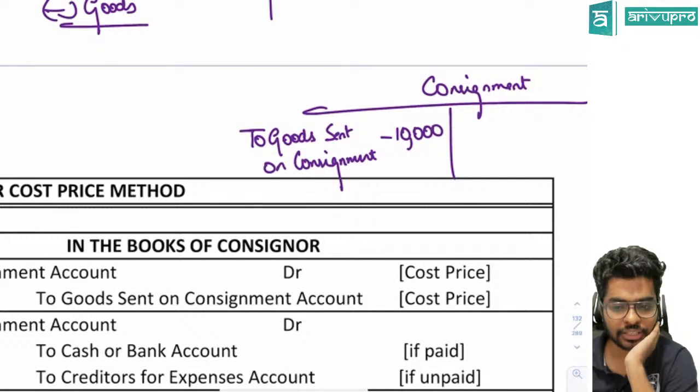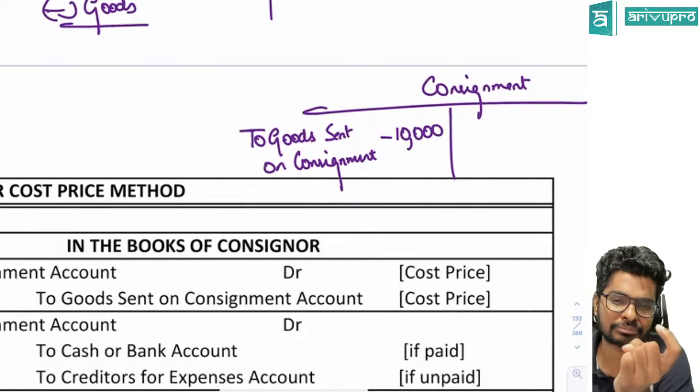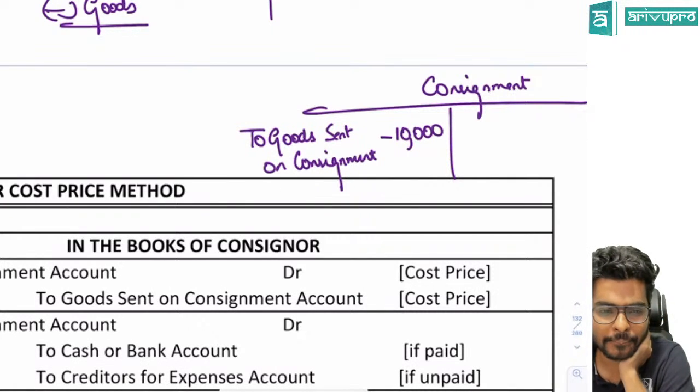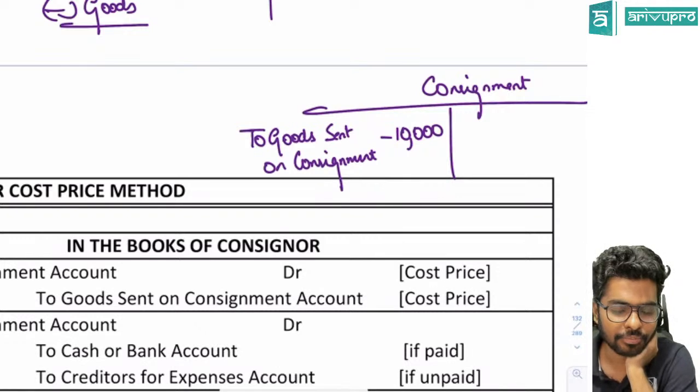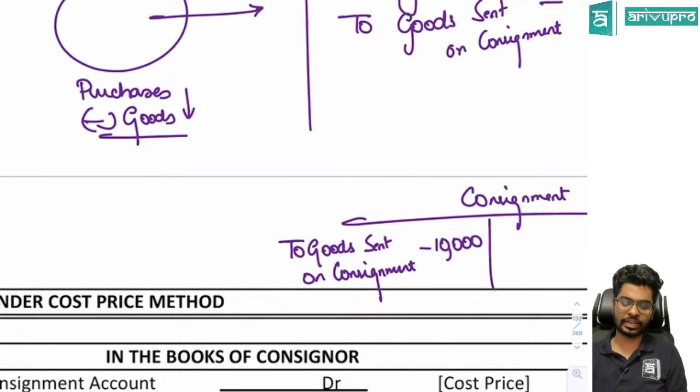Practically you can write it differently, but it is not recommended, because when you're reducing from your purchases, you have to know why you are reducing it.